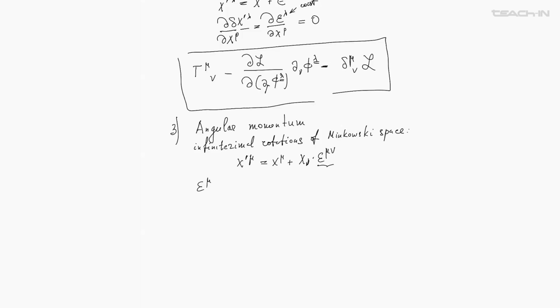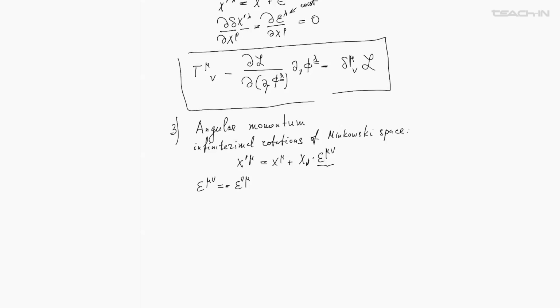In other words, these parameters constitute a second rank tensor, which is antisymmetric with respect to permutation of indices mu and nu. Now, if you are in 4 dimensions, then such a tensor has 6 independent components.